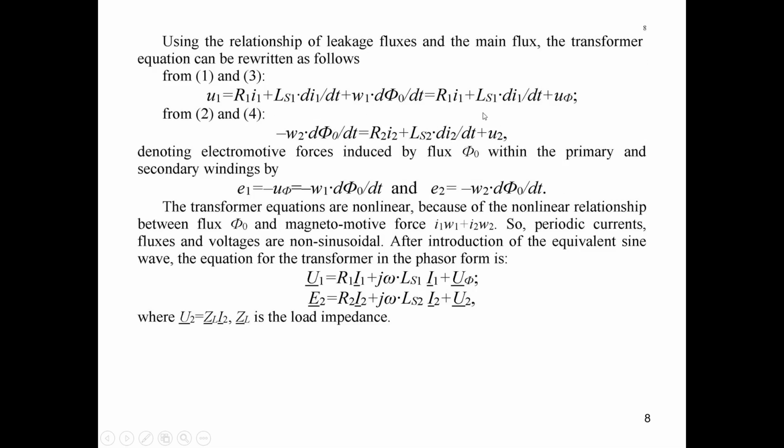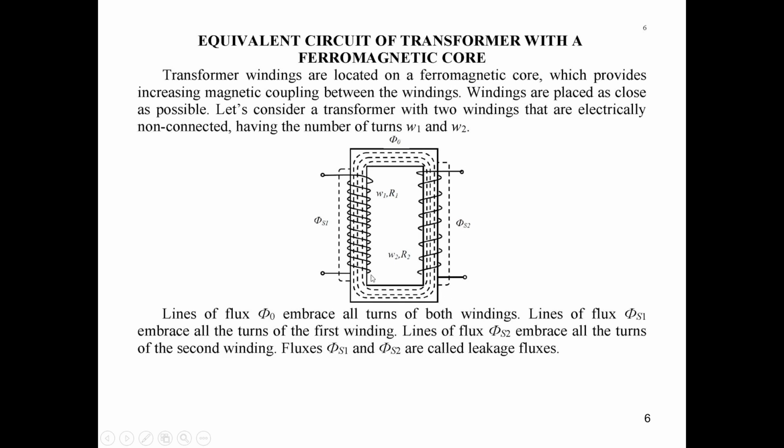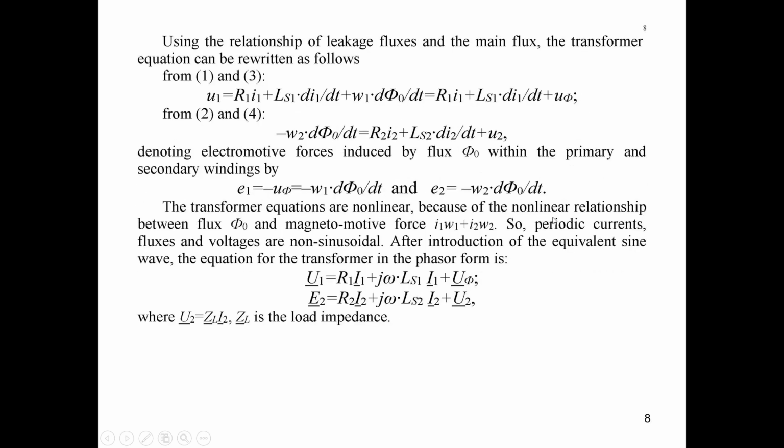You see, we have common summands here. The first summand will be just the same, and then we can write Ls1 dI1 by dt, and we can denote this summand as UΦ, the voltage drop due to the presence of this linkage, which is contained in the medium of the magnetic core.